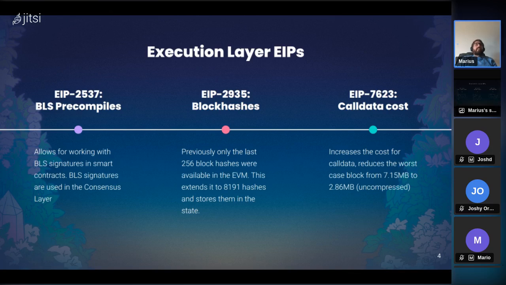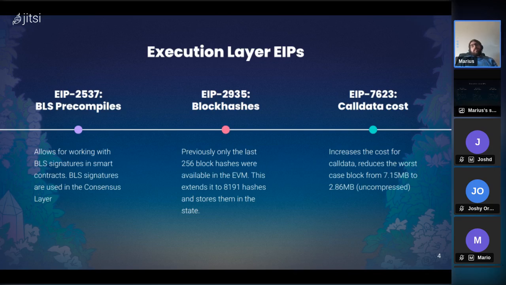Call data is only available during that transaction in the EVM. Afterwards, it gets forgotten, it's not stored in the state, but it's part of the history. And so that means that during this initial phase of L2s ramping up, the amount of history that the nodes had to store increased kind of exponentially.